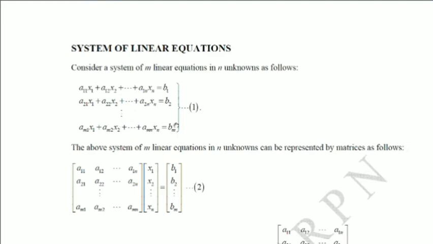Now let's call this one equation 1. And remember, a11 is the coefficient of unknown x1, a12 is the coefficient of x2, etc., a1n is the coefficient of xn, and b1 is the constant term in the first linear equation.